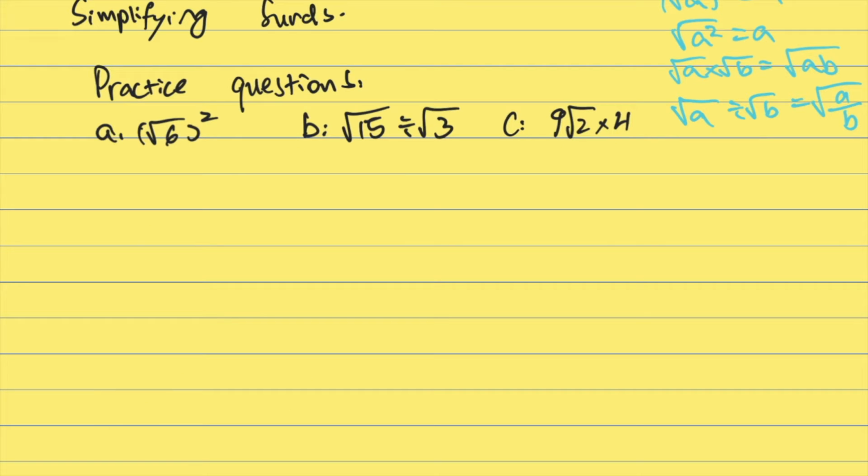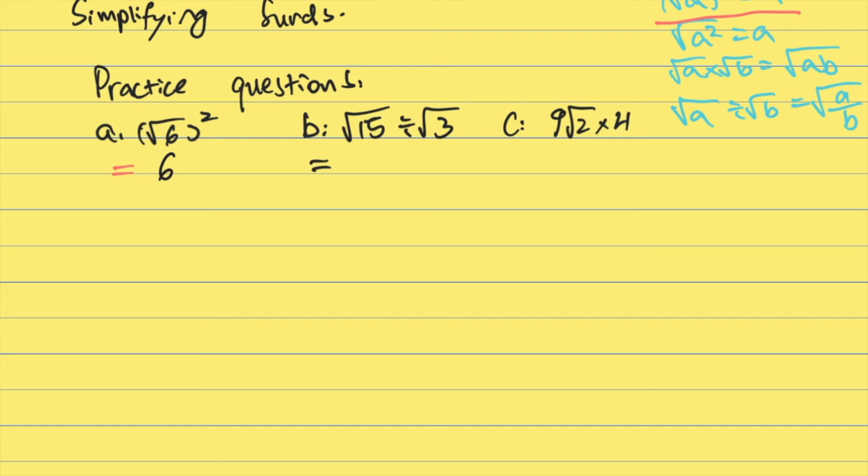Question A, square root 6 squared. We remember that square root a squared equals a, so square root 6 squared equals 6. Question B, square root 15 divided by square root 3.